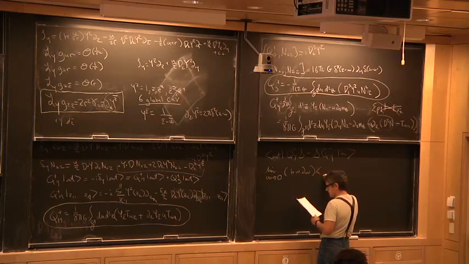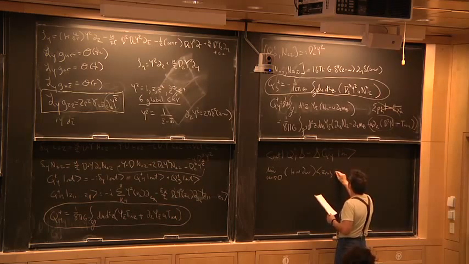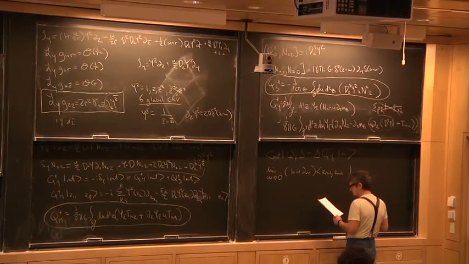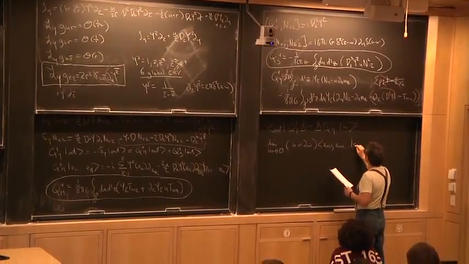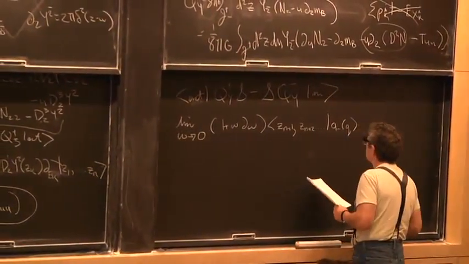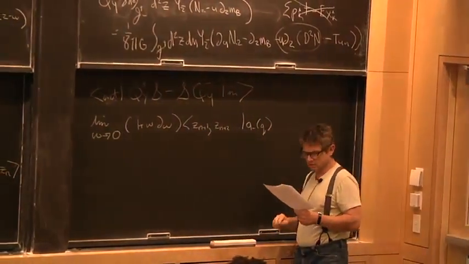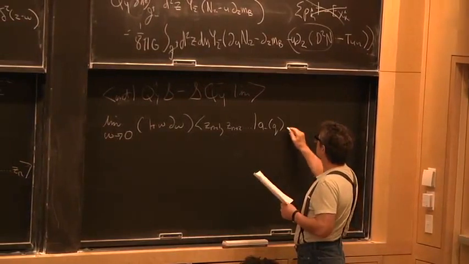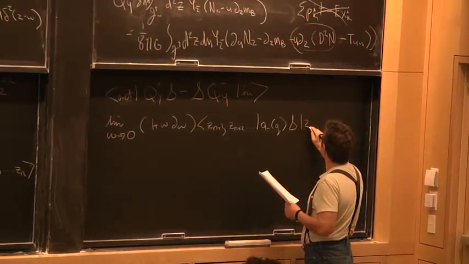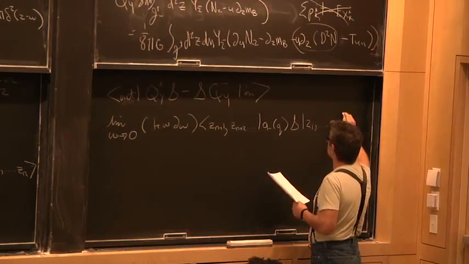That we have Zn+1, Zn+2. So we have some out states like this. And then we take A minus of Q, the annihilation operator for a negative helicity graviton, S matrix Z1 to Zn.